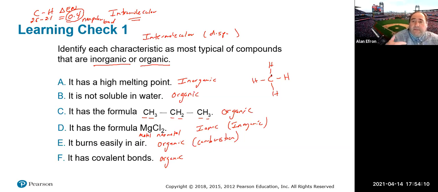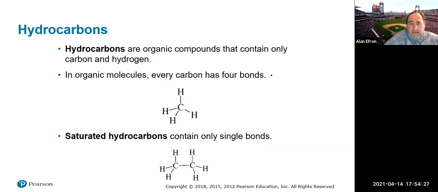Okay, so let's talk about some of these organic compounds and some of the structures that we commonly see when we draw them. We're going to start with, like I said, alkanes. We'll see that in just a second. But when we talk about organic compounds, sometimes they are referred to as hydrocarbons.